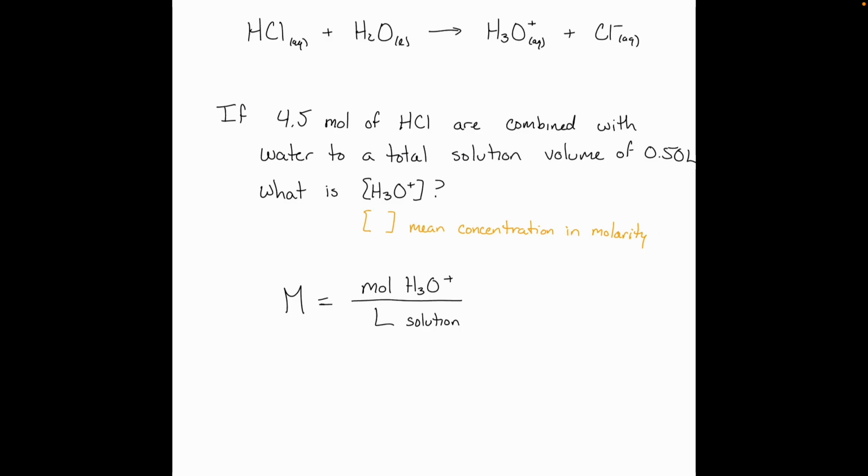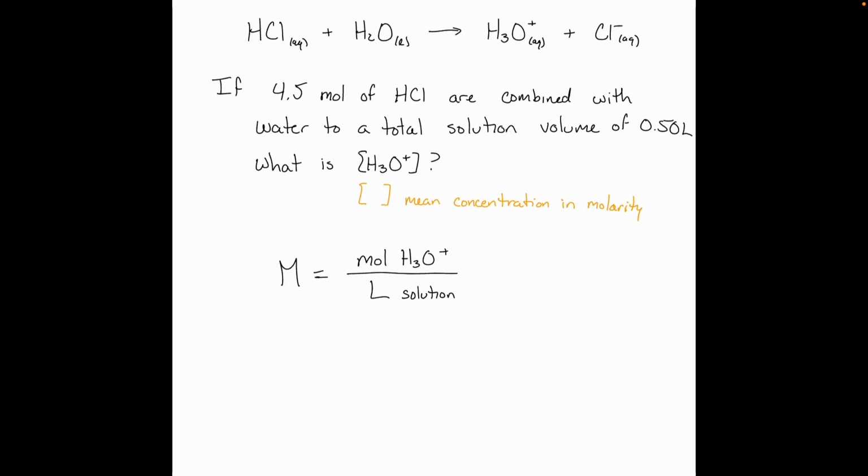All right, so this problem is actually deceptively easy as long as we can identify that HCl is a strong acid. If I'm going to do my concentration of H3O plus, do I have my liters of solution from the problem? It told me that the total volume once I mixed everything together was 0.5 liters.